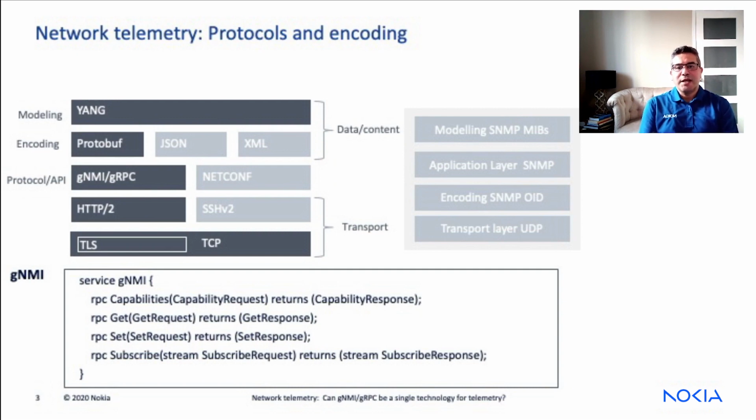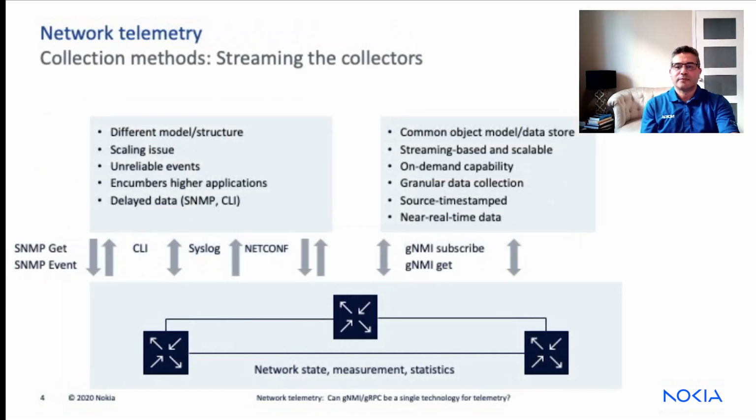As you can see, it extends beyond just retrieving information from network devices. It can also be used for configuration of the device. But for the purpose of this video, we're only focusing on the capabilities of gNMI in terms of retrieving and streaming information from the network.